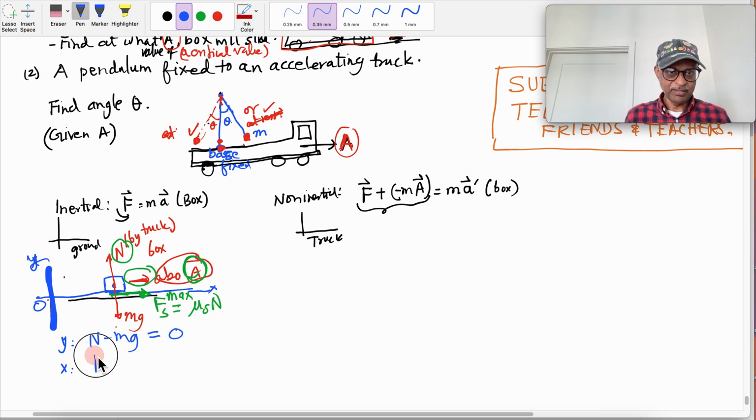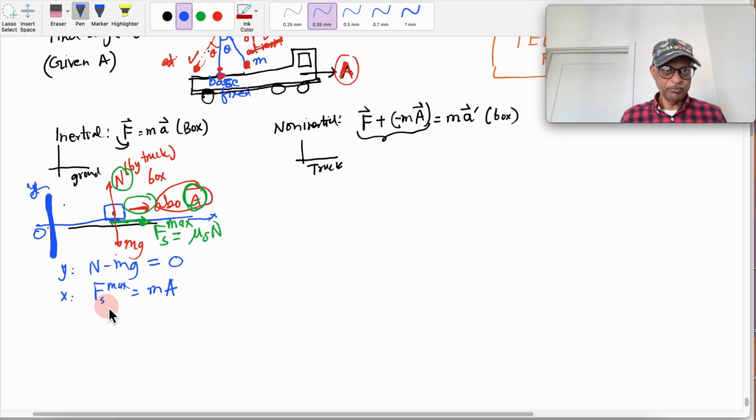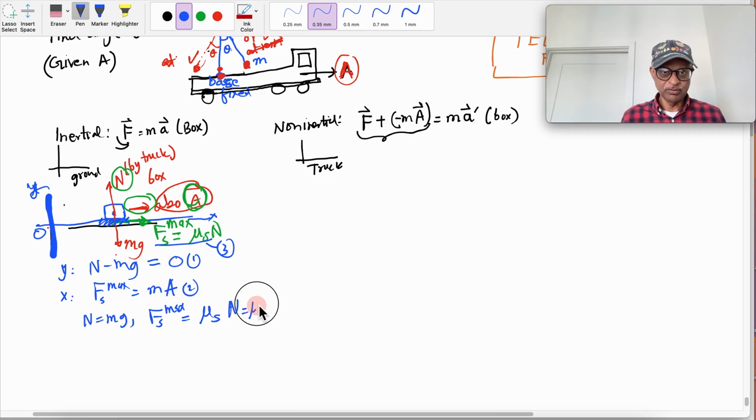And so Fs max, I'm using this. So this is 1 and 2 and this is 3. Put them all together, you're going to get n equals mg, and so Fs max will be the static coefficient of friction between that surface, times n, is mu s mg.